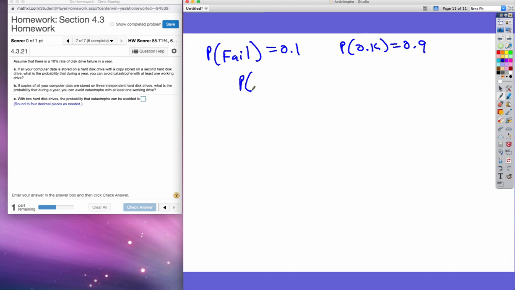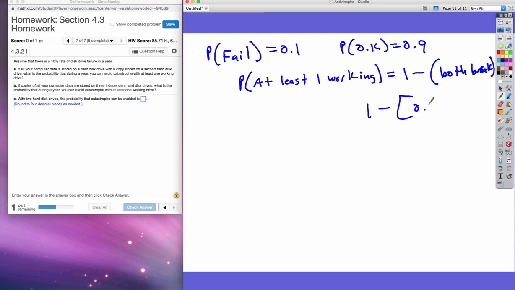What can I, at least 1 working, so at least 1 working would be 1 minus they both break. Okay, the chance they both fail is 0.1 times 0.1.